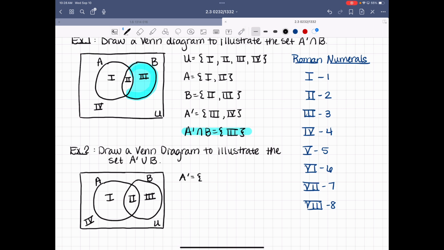So A complement is 3, 4. Okay, you know what B is. Who's in the circle of B? 2, 3.